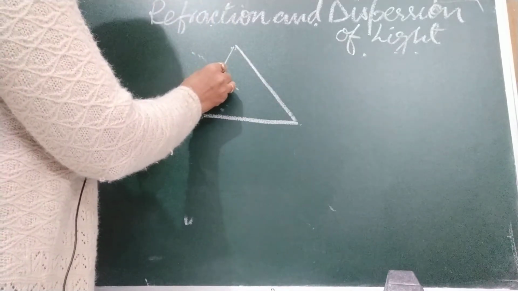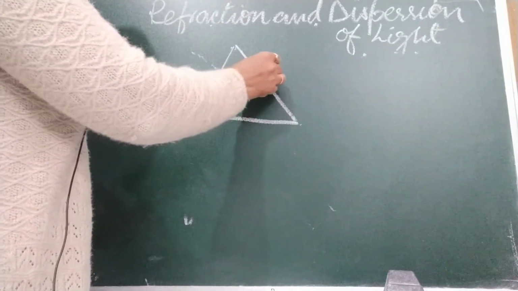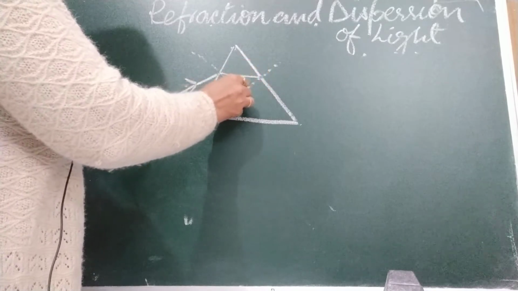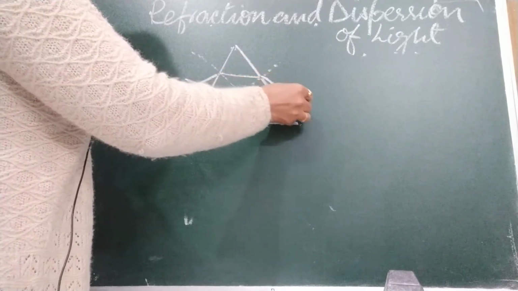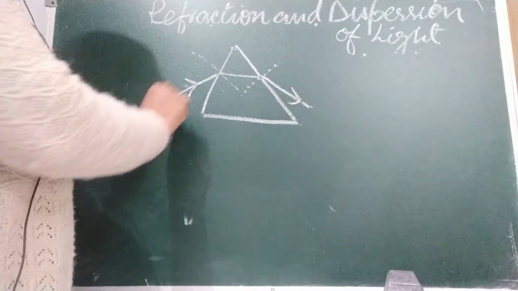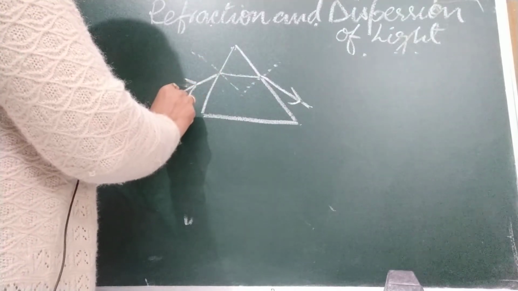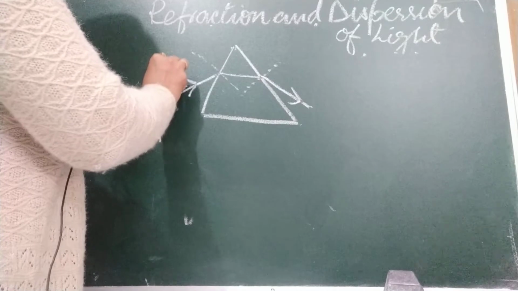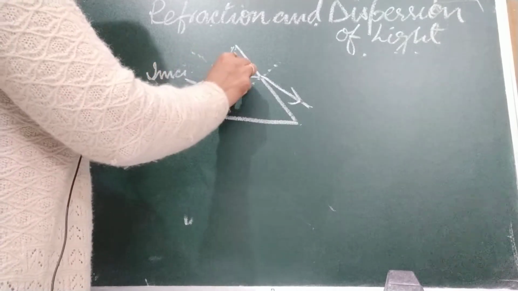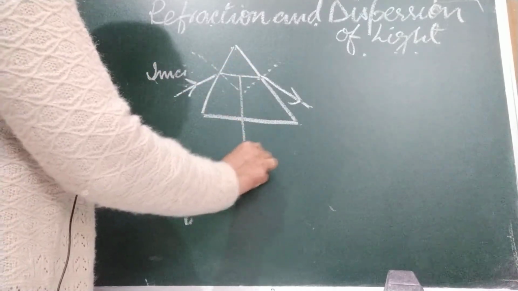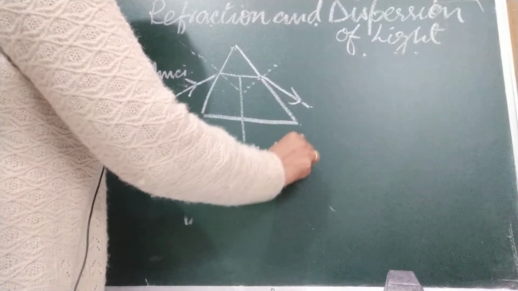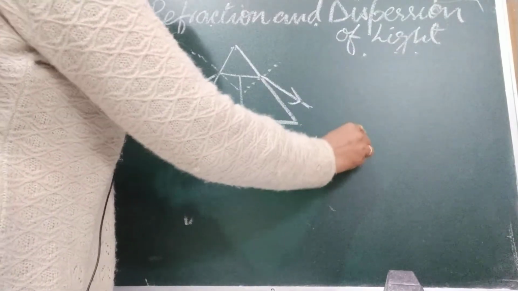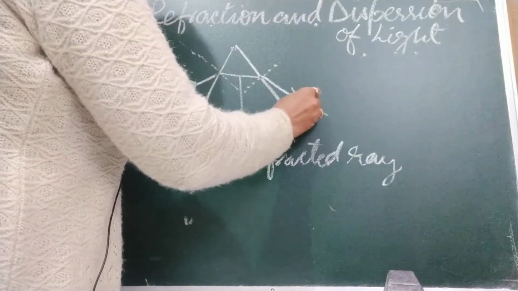It will bend toward the normal, and then again we draw the normal. It will move away from the normal. So you are seeing this is the incident ray, this is the refracted ray, and this is the emergent ray.